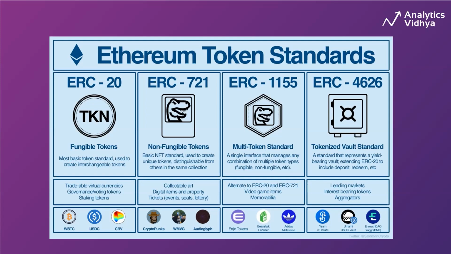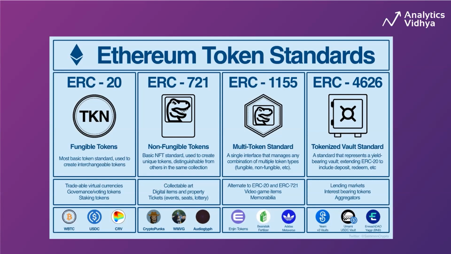But if an NFT owner has to give multiple copies of that NFT, that's when 1155 comes into the picture as the multi-token standard. All of this is managed through a single interface by a combination of multiple tokens, both fungible and non-fungible. Examples include Enjin tokens, Beanstalk, Adidas Metaverse, and also the NBA concept. All of those come under ERC 1155.